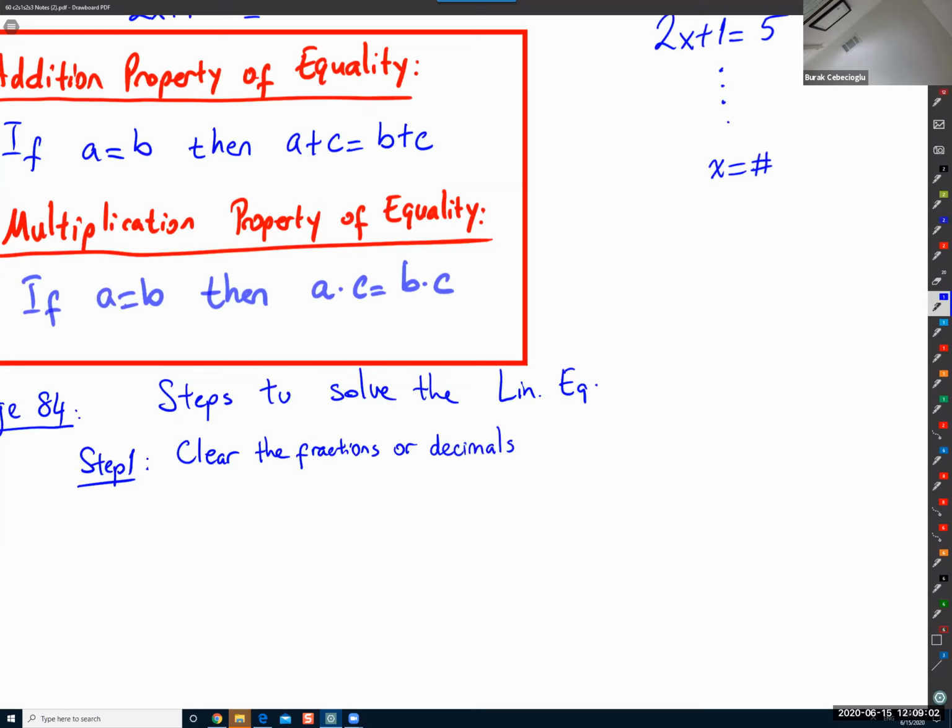Clear the fractions or decimals by multiplying both sides by the appropriate number. Don't forget the appropriate number.